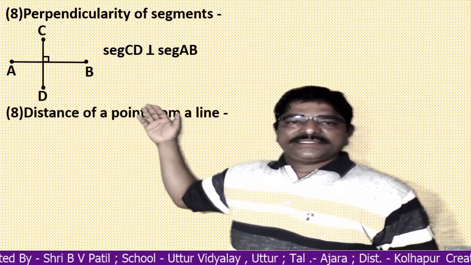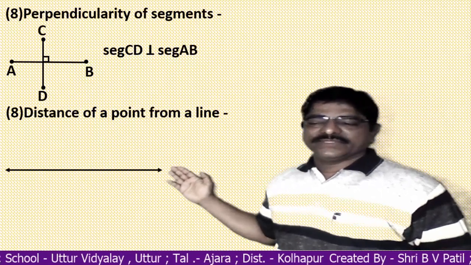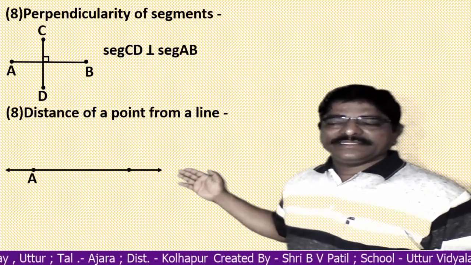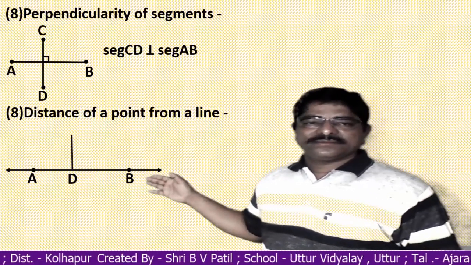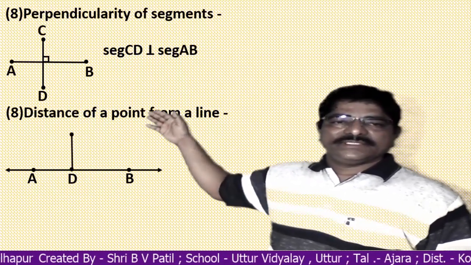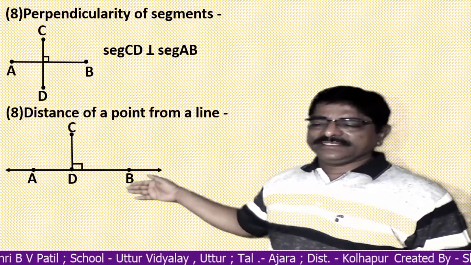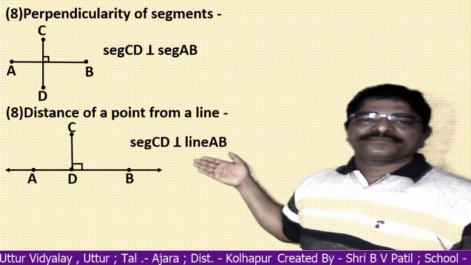Then next, distance of a point from a line. Here we draw one line, line AB, and we draw a perpendicular. Segment CD is perpendicular to line AB.